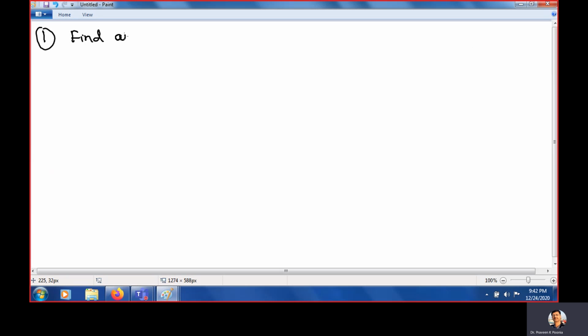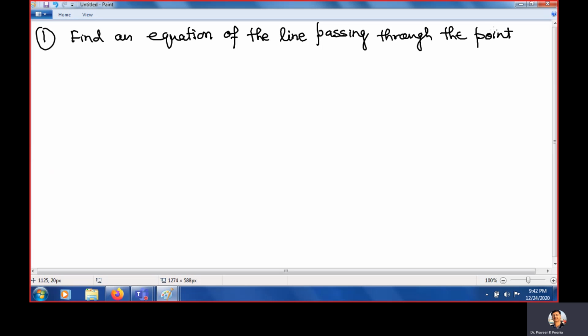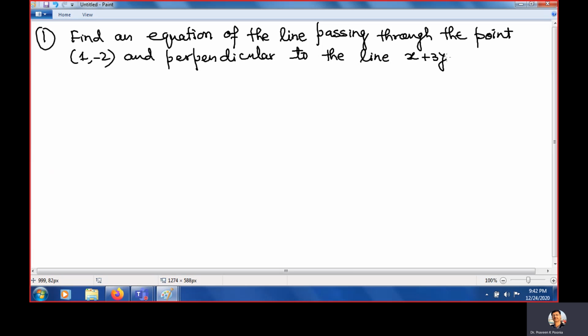Find an equation of the line passing through the point (1, -2) and perpendicular to the line x plus 3y minus 6 is equal to 0.